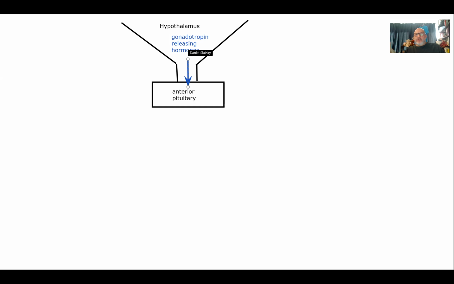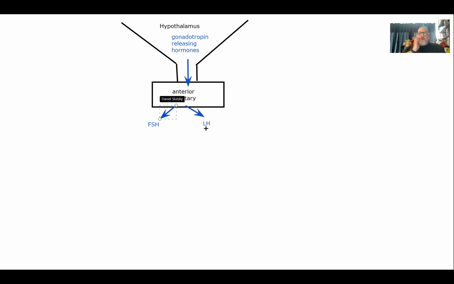the gonadotropins. And what are the two hormones that are produced by the anterior pituitary again? There we go. Follicle stimulating hormone and luteinizing hormone. And I'll go ahead and use the abbreviations here as well, just because it'll be easier. So our anterior pituitary releases our luteinizing hormone, releases our follicle stimulating hormone.